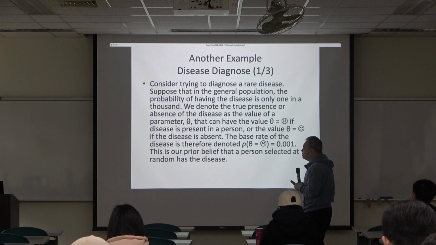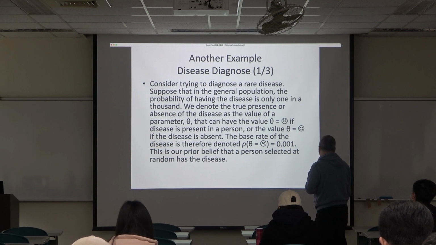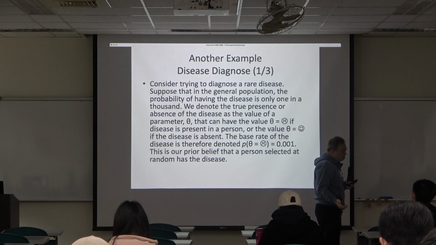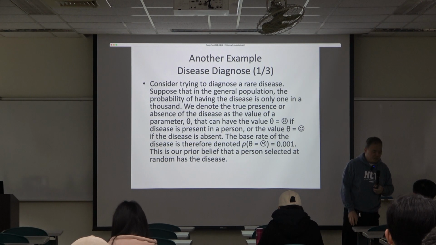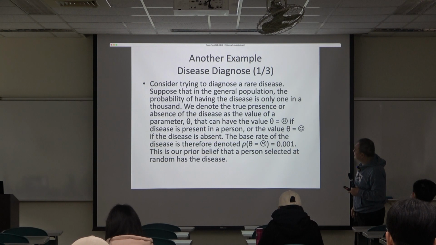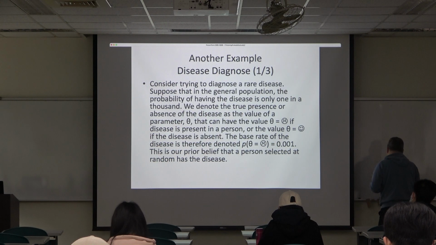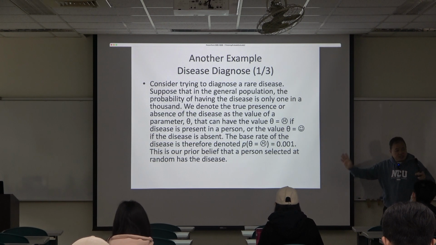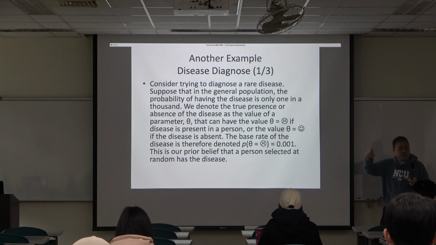That disease can be found in like 1 out of 1,000. So the probability of the disease, without any condition, is 0.001. Remember?